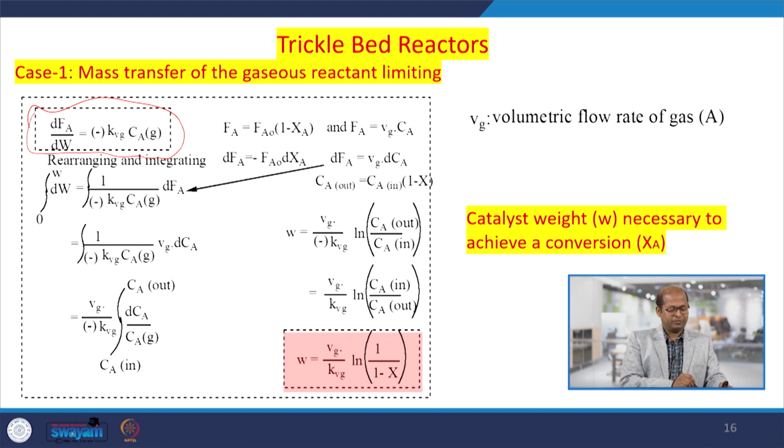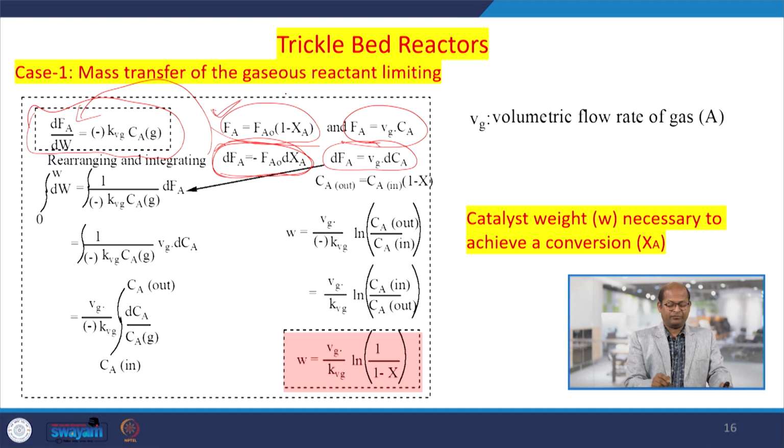This is a differential equation, and we put F_A equals F_A0 into X_A, so dF_A equals minus F_A0 dX_A, and we can substitute it here, and F_A equals V_G into C_A, so dF_A equals V_G into dC_A. This is the normal molar flow rate of components A and B, and either this way or this way you can put it. After that we express this in differential form, and this is the design equation for component A, which we rearrange and integrate.